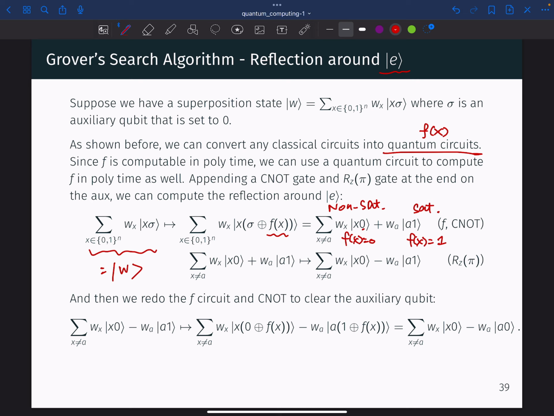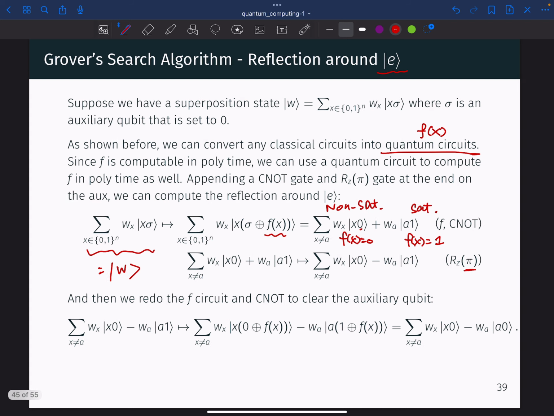If the auxiliary bit is 1, we do 180 degrees in the phase, which is basically multiplying by -1.